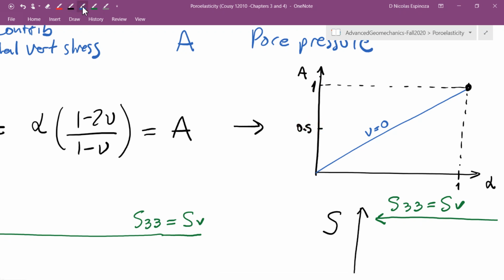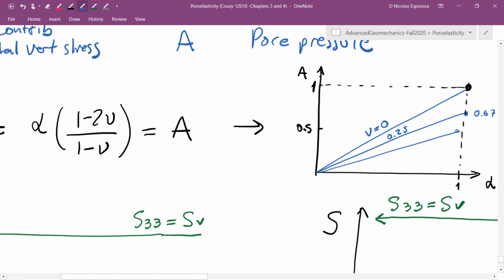So if I have a Poisson ratio equal to 0.25, I'm sorry, the result is going to be somewhere over there, 0.67, and this will be the value for a Poisson ratio equal to 0.25. And as you increase the Poisson ratio, then this value of A is going to decrease.